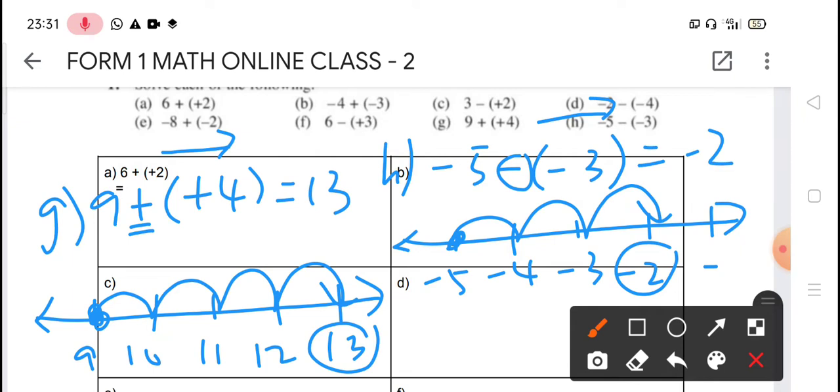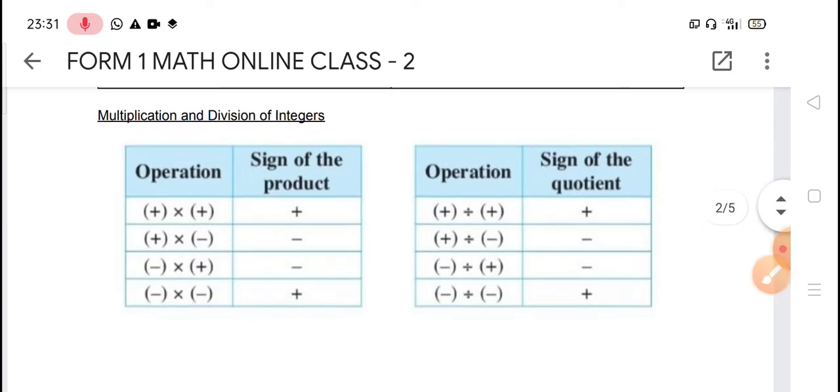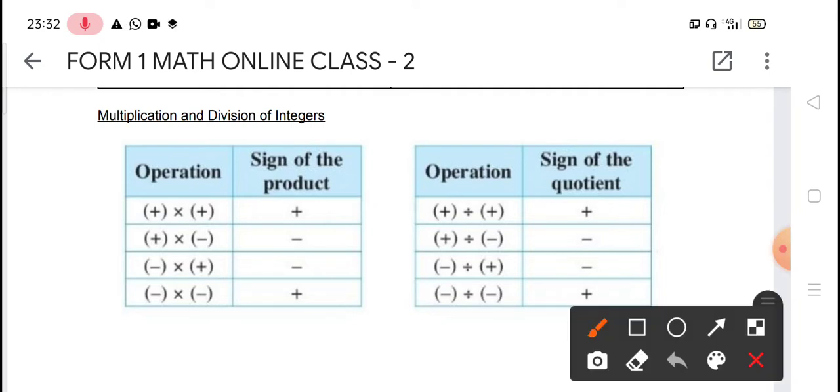This is the solution and answer for self-practice 1.2a. Remember, use your red pen, do checking and correction on your work. Next, we proceed to multiplication and division of integers. If you still remember what I told you in the video I posted previously, if you multiply the same symbols, you will get positive.